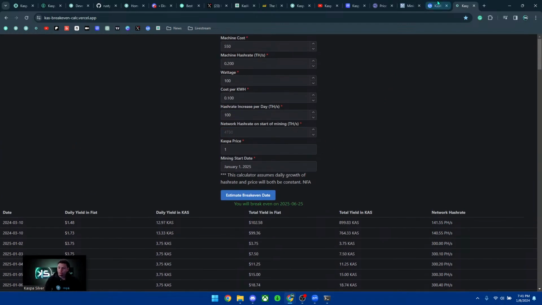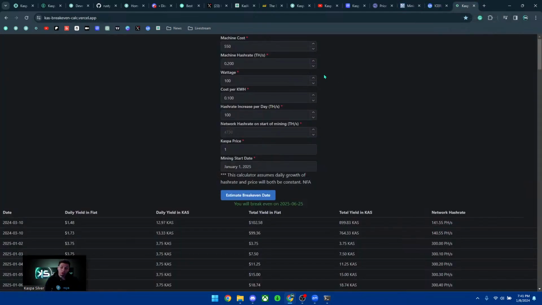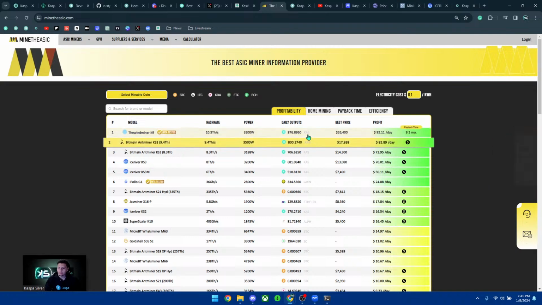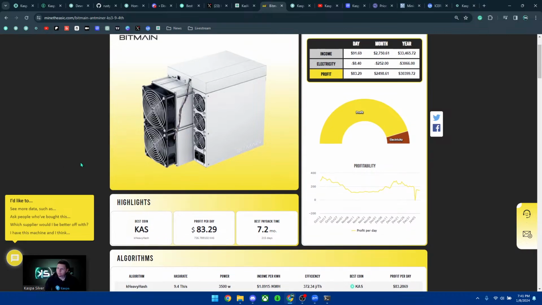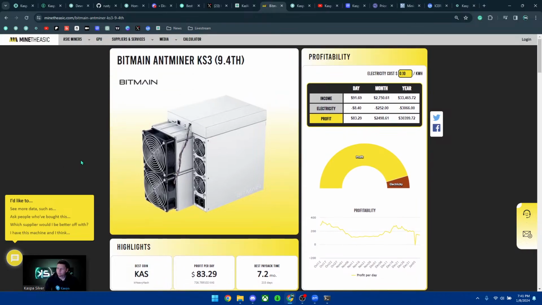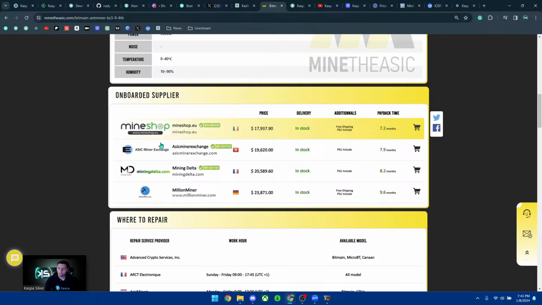But if you're looking purely for ROI, like you want to get more Kaspa than what you could get on spot, I haven't checked the other miners, but you could probably check here. Let me see the KS3. Where is this at right now? How much can you buy this for? The cheapest you can buy it is 17,937. Payback time is 7.2 months.